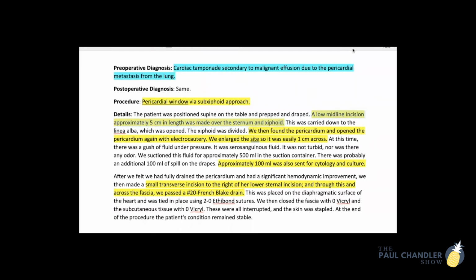A low midline incision, approximately 5 centimeters in length, was made over the sternum and xiphoid. So that would eliminate 32659, from the back index, because the doctor did not make an incision in the thorax, leaving me with 33025.